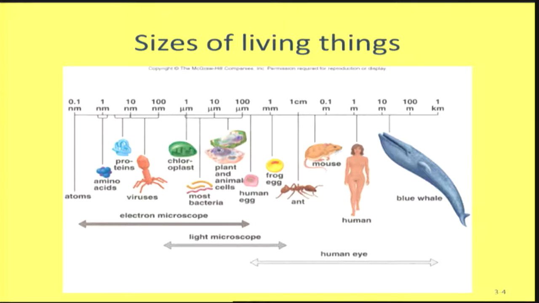With the light microscope, we can see from 1 micron to almost 1 millimeter, and with the human eye, from 1 millimeter to 100 meters. So we see different living things, as small as atoms to as big as a blue whale.